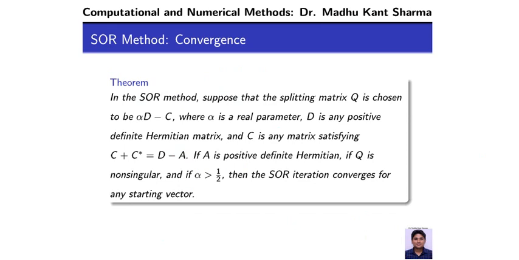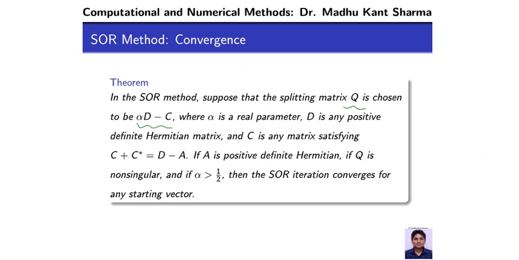So what it is saying is, in the SOR method, suppose that the splitting matrix Q is chosen to be the following: alpha D minus C. So here in the SOR method, you are allowed to choose a matrix with complex entries.